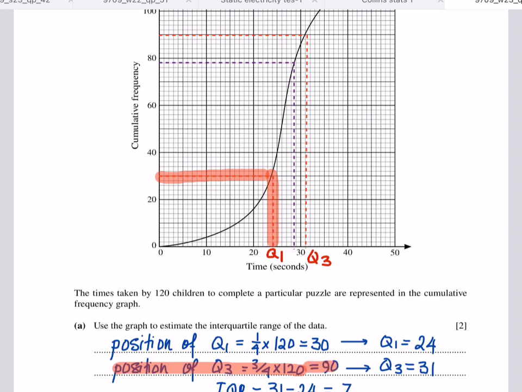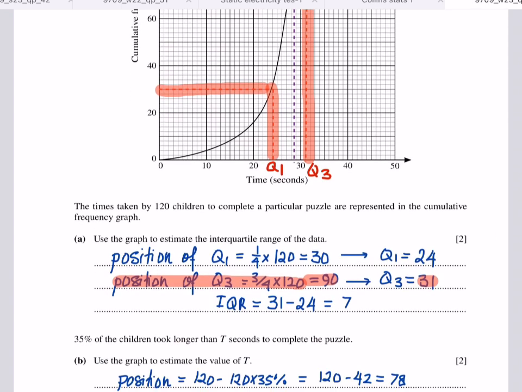The position is 90. So Q3 from the graph is more or less 31. So the IQR interquartile range is Q3 minus Q1. 31 minus 24 is equal to 7.